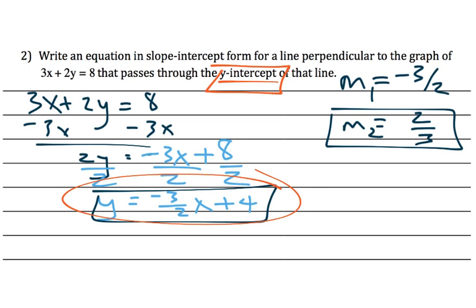Actually, never mind, they're both equally easily done. Let's look at it both ways. You might not even need to show work for this. This means that x is 0, so this term would go away. And 2 times what gives me 8? That means the y-intercept for the first line would have to be 4. I could also have plugged in 0 down here: 0 times negative 3/2 goes away, add on 4, you get 4.